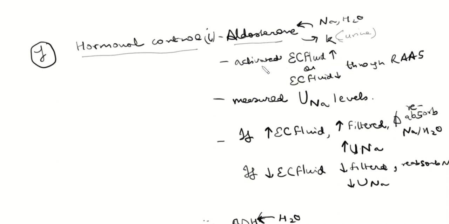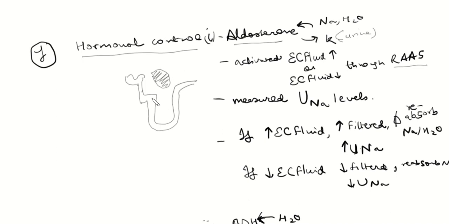Okay. Now, how is it activated? Well, what happens is when the EC fluid, extracellular fluid, goes high or low, the RAS system is activated. Remember, we covered this. You have the glomerulus, loop of Henle, and then you have the juxtaglomerular apparatus.